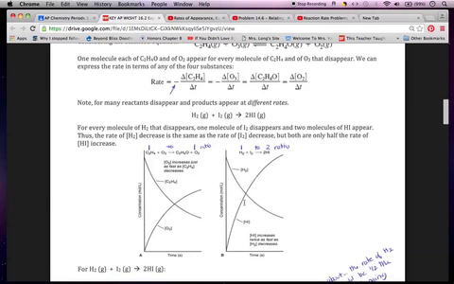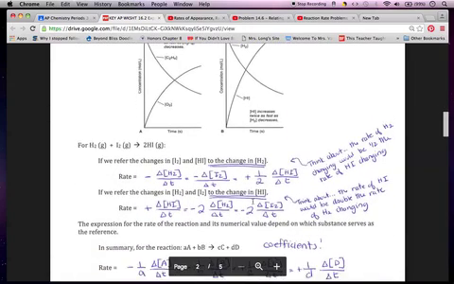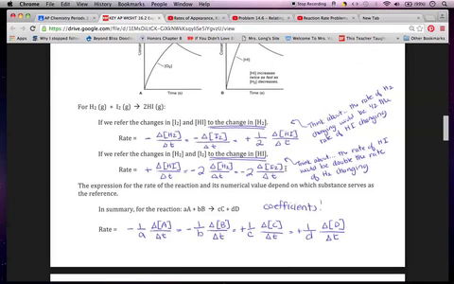So one thing is being able to express the rate in terms of a specific reactant or product. For example, if we look at that synthesis of hydrogen iodide, if we relate the change in hydrogen iodide to the change in H2, we're setting this basically equal to like 1/1. So if this is our rate, and you can kind of think of it as 1/1, how do the other materials relate to that?